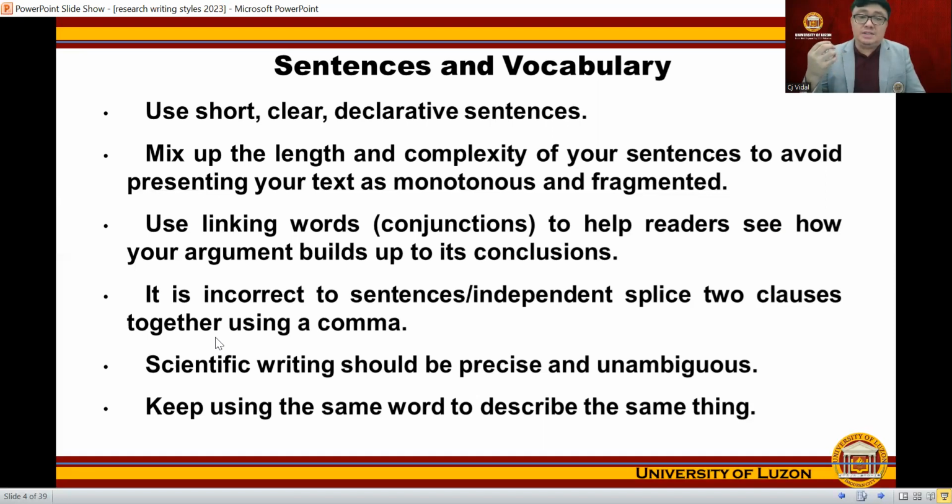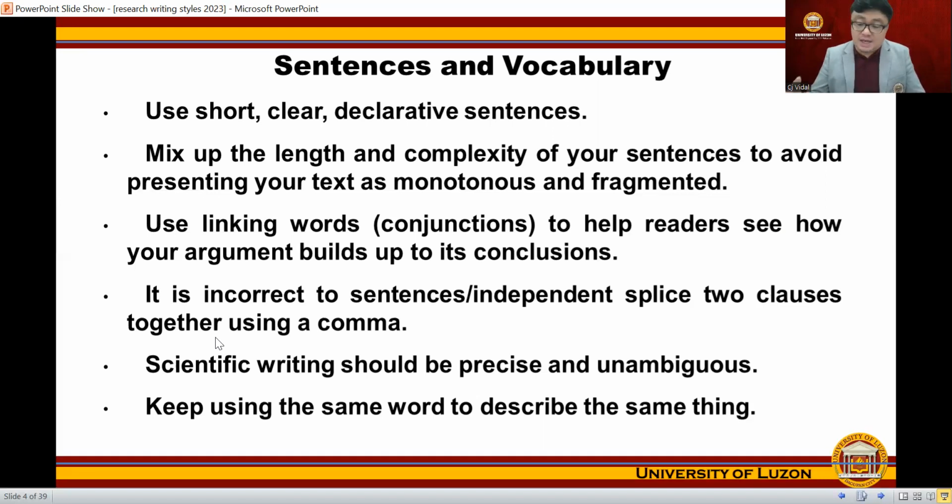Number three, always be reminded of conjunctions. We use linking words in order to help readers see how our arguments build up to their conclusions. So words such as moreover, in addition or additionally, or furthermore are useful when joining two clauses together which agree with each other.